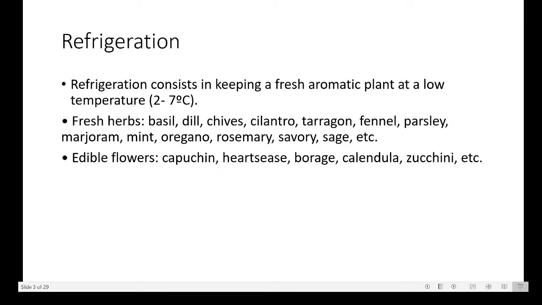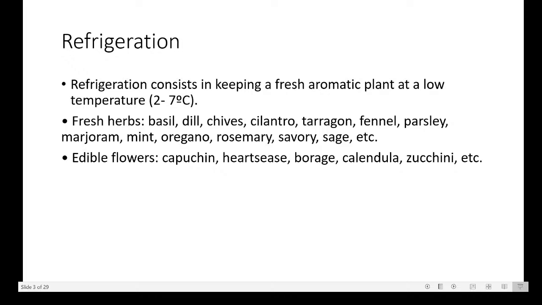What kind of plants can we freeze? There are two types used in the refrigeration process: fresh herbs and edible flowers. Fresh herbs are basil, the normal daily routine vegetables, and sage, rosemary, mint.